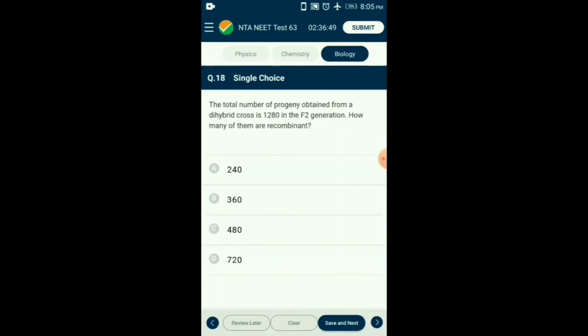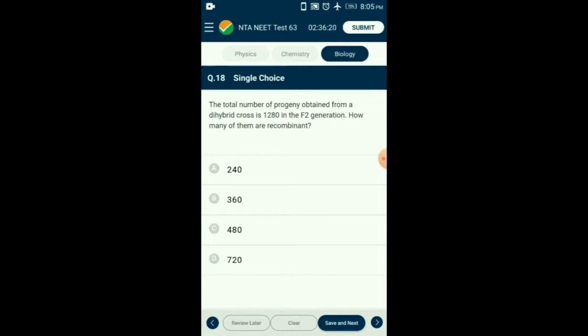Question number 18. The total number of progeny obtained from a dihybrid cross is 1280 in the F2 generation. How many of them are recombinant? In the F2 generation of a dihybrid cross, normally 16 progeny are formed. Ten of the progeny show the parental phenotypes and the remaining 6 show new phenotypes involving recombination.